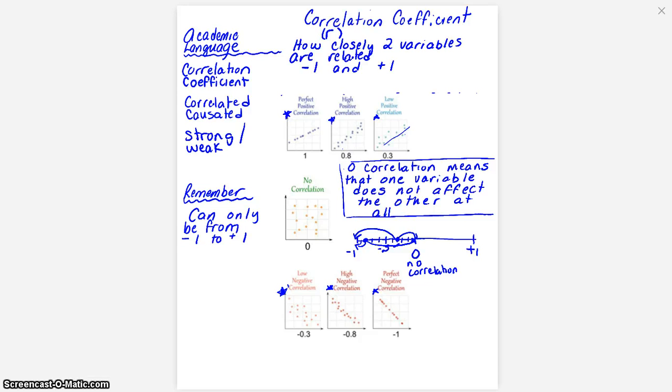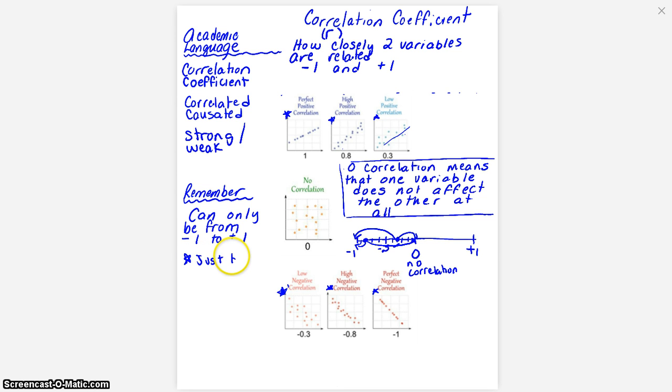I just want to once again reiterate causation, and we'll talk a little bit more about this in class. Just because the same thing is happening to both the x and the y does not mean one is causing the other. In fact, let's write this down.